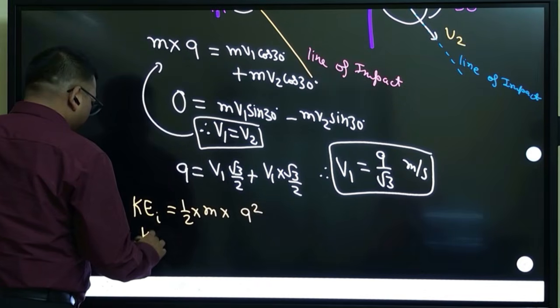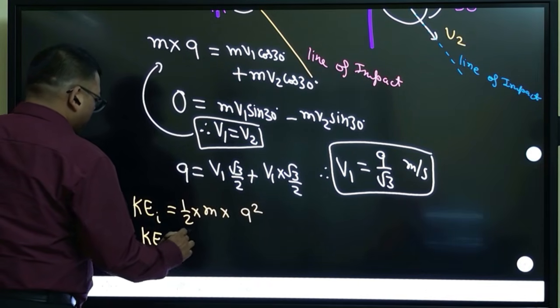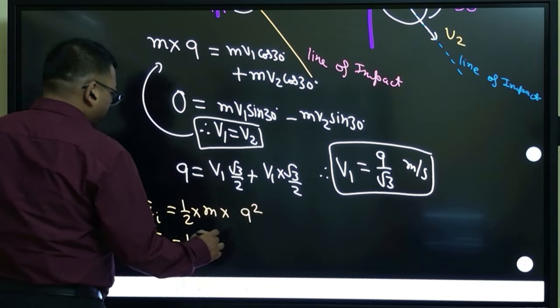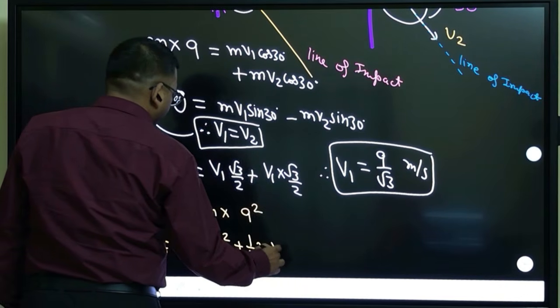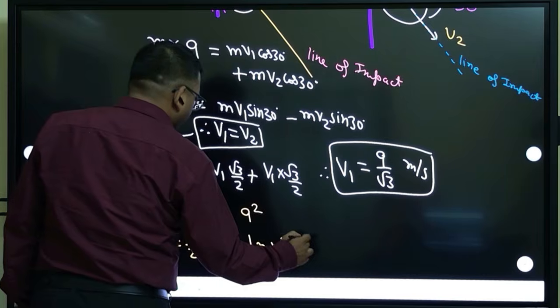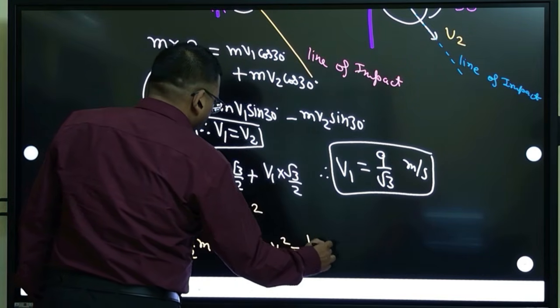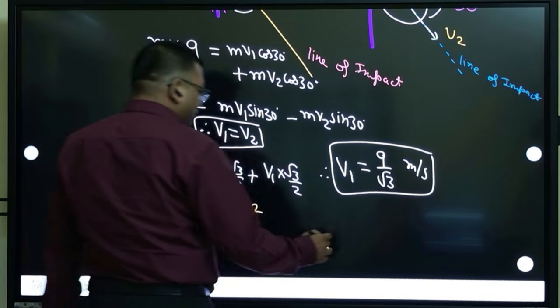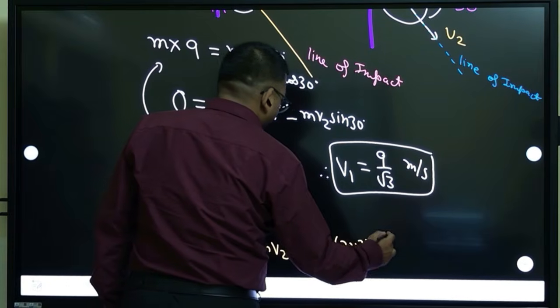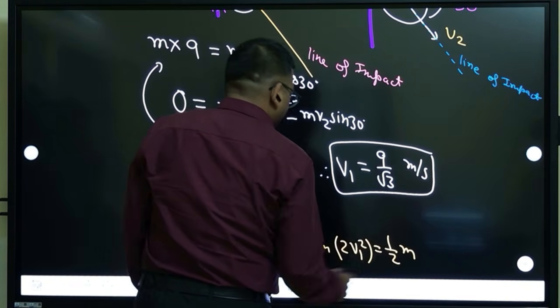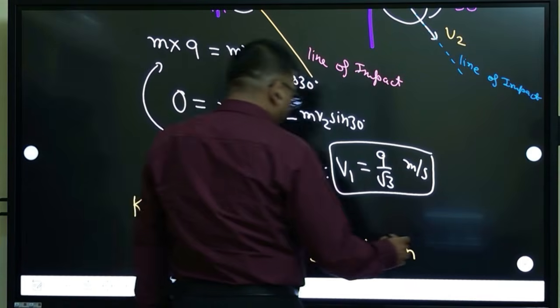Final kinetic energy of the system is half m v1 square plus half m v2 square. Again take half m common, and v1 and v2 are the same, so we write 2 v1 square.